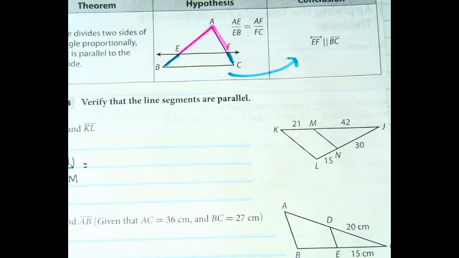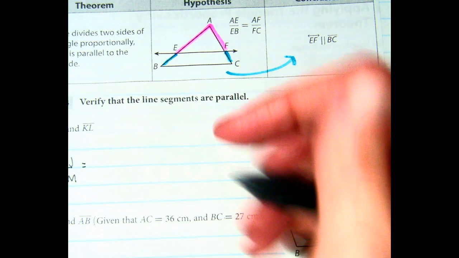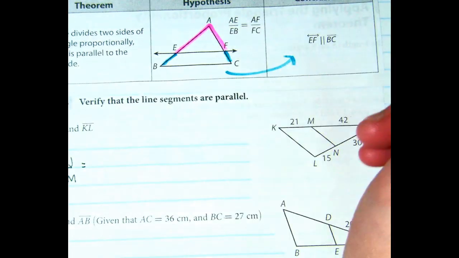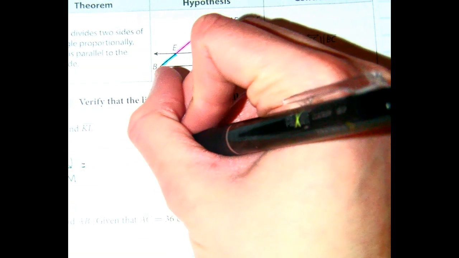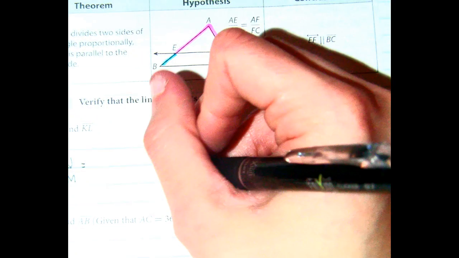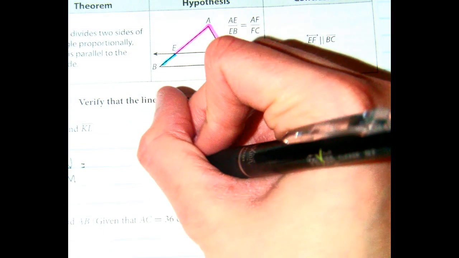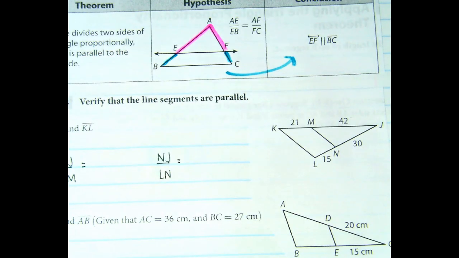We'll figure out what that is. We'll need to figure out what NJ over LN is. And if those, in fact, are equal, then we have parallel lines.